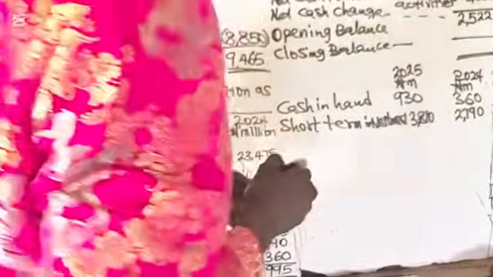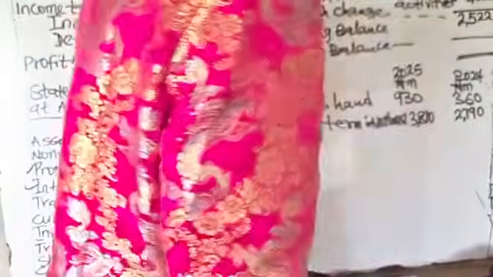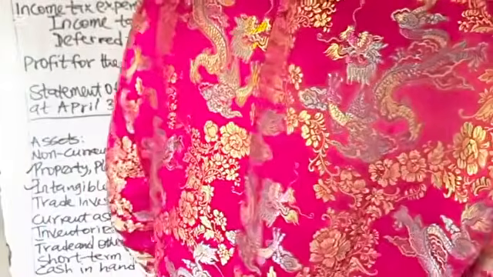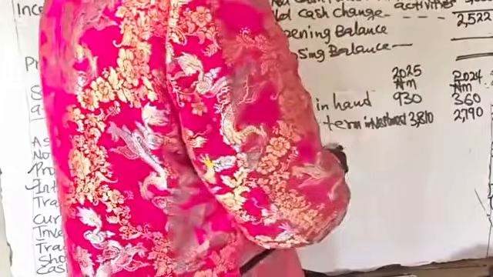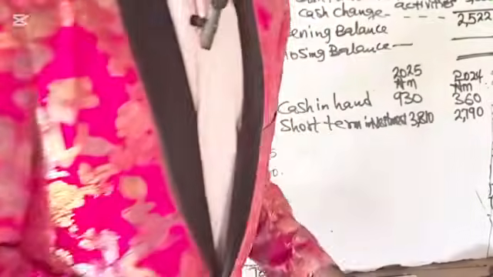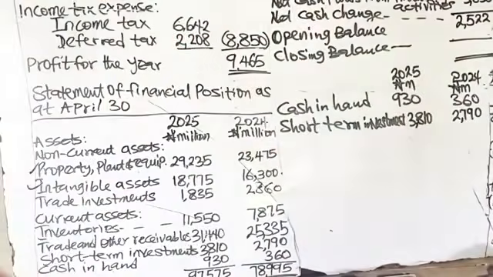Now, remember you were told in note 3 that the short-term investment is highly marketable with a 1 to 3 months maturity profile. Because it is highly marketable, that is why we have the short-term investment as a cash or cash equivalent.